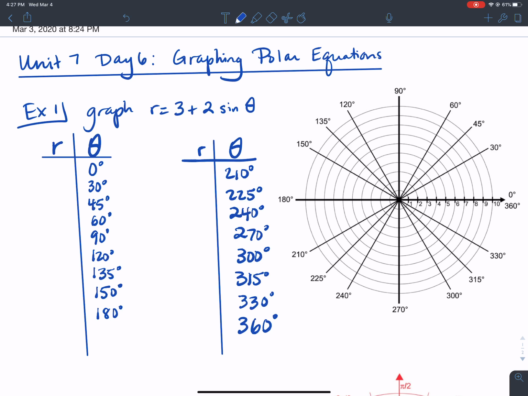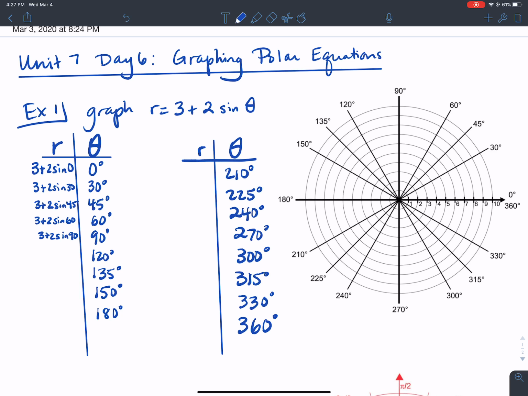So for the first one, we are going to substitute in 0. So we're going to have 3 plus 2 sine 0. And then 3 plus 2 sine 30, and so on. Now the nice thing, if you remember all of our work with these circles, and especially the unit circle, all of the angles in quadrant 1 and in quadrant 2 have the same sine value.